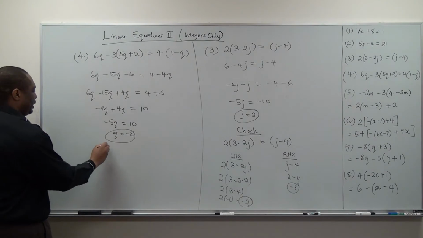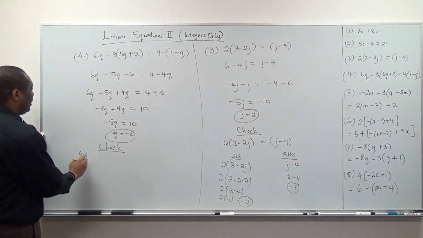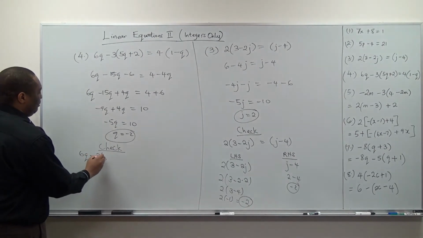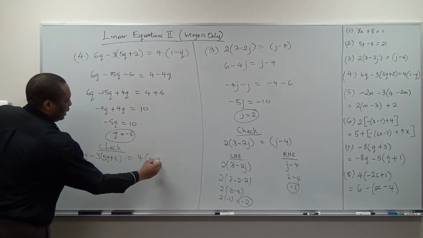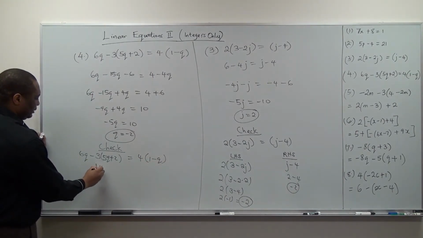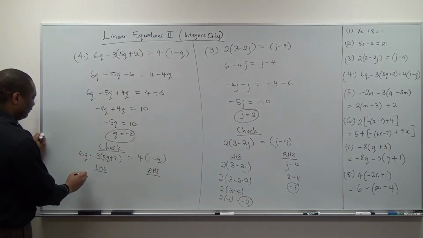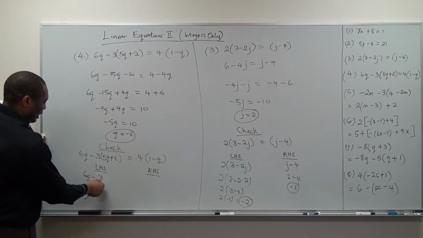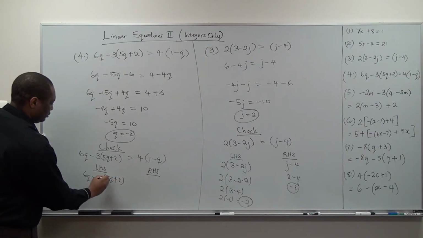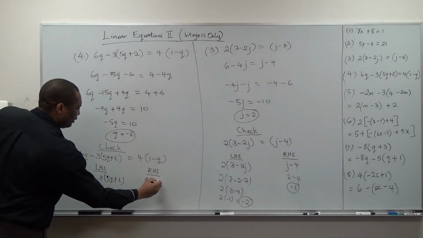The next thing is to check, right? In checking, we write the main problem. Then we write the left-hand side and the right-hand side. Left-hand side is 6q minus 3 into 5q plus 2. And then the right-hand side is 4 into 1 minus q.